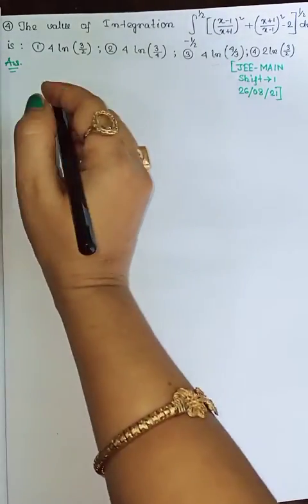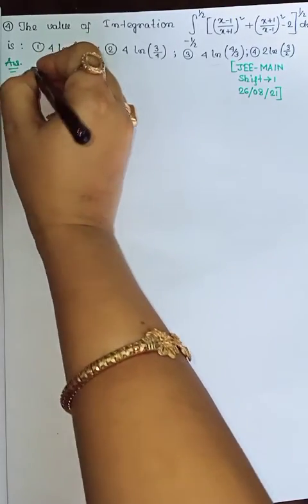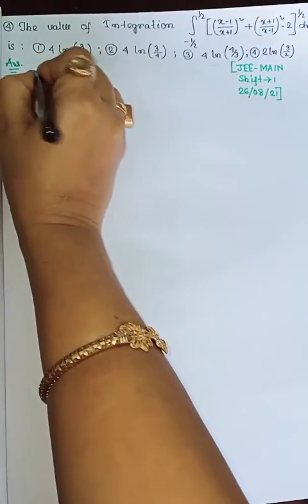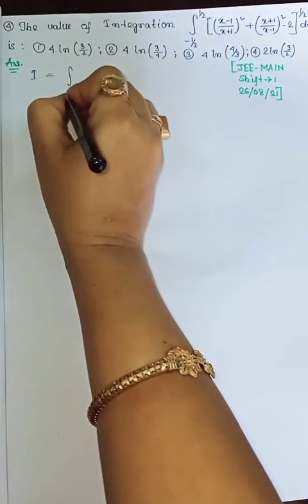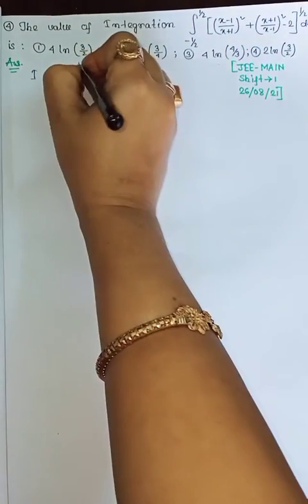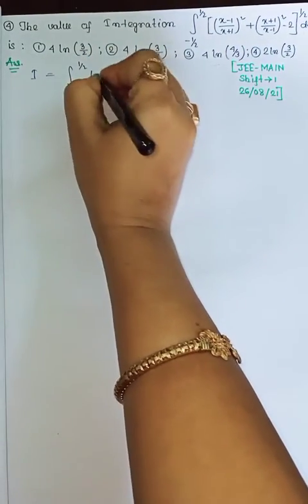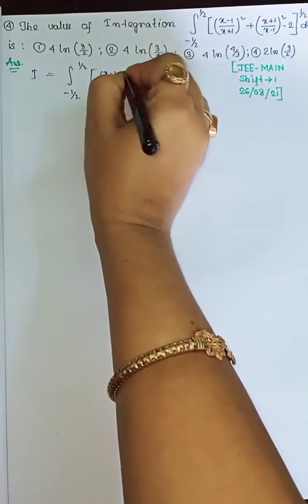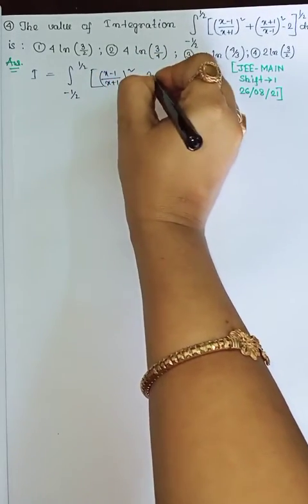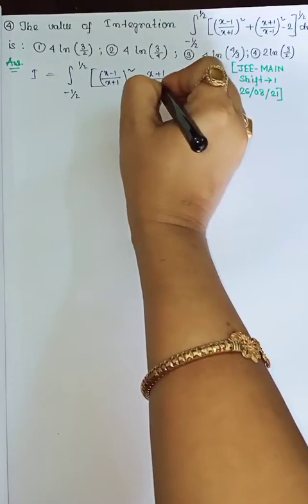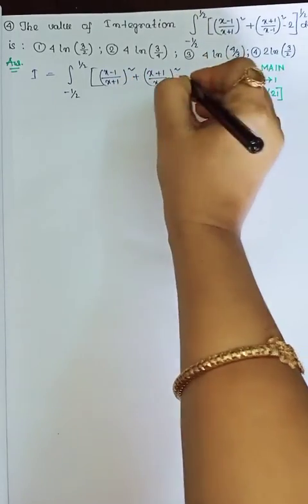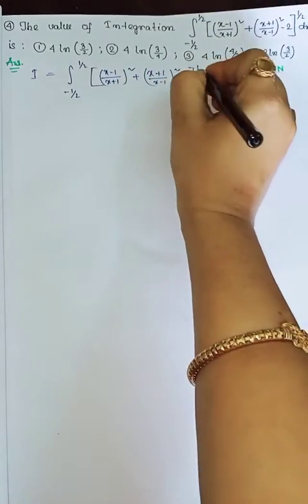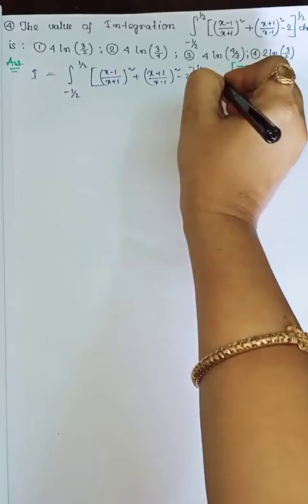So at first, let the given integration I be equal to the integral between the limits minus half to half of the square root of (x minus 1 by x plus 1) whole square plus (x plus 1 by x minus 1) whole square minus 2 dx.